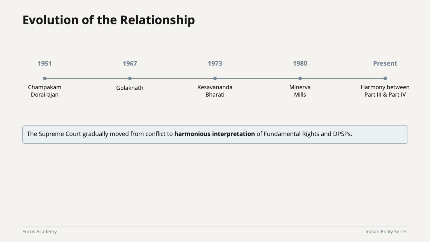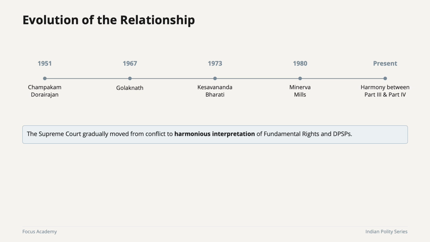Now, this is the evolution of the relationship. The Supreme Court gradually moved from conflict between fundamental rights and DPSP to harmonious interpretation of fundamental rights and DPSP. Now let's look at the Champakam Dorairajan case in 1951. Here, you don't need to understand the background.